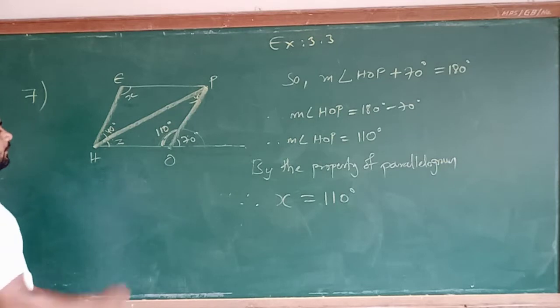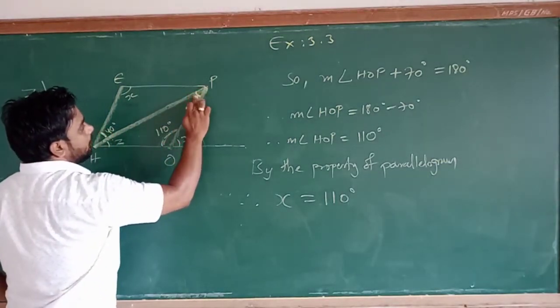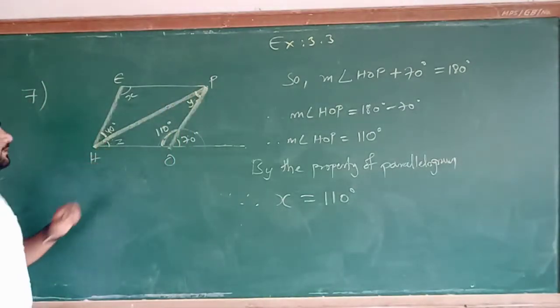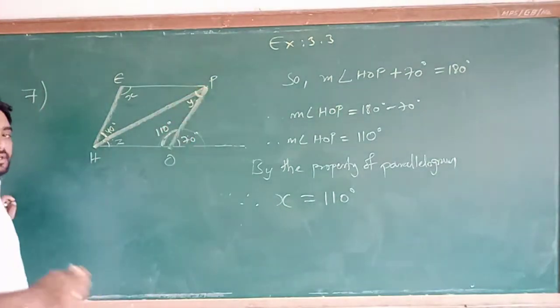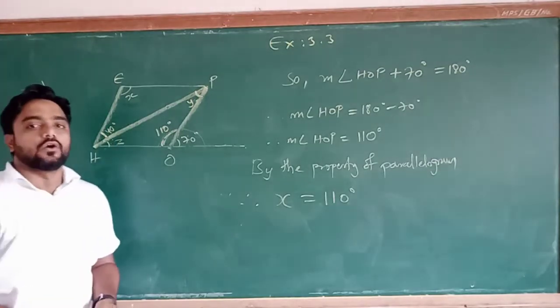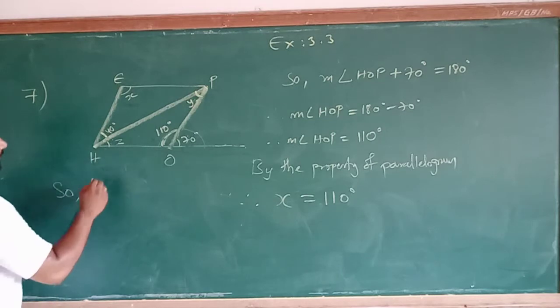Just see the figure. So can I say that this angle and this angle both are alternate angles? ये angle और ये angle, जिस तरह मैंने पहले भी आपको बताया था और आप 7th में भी पढ़ चुके हो कि these two angles are considered as alternate angles.